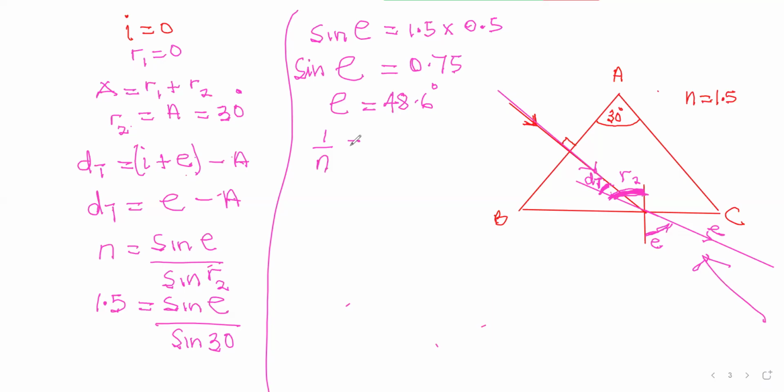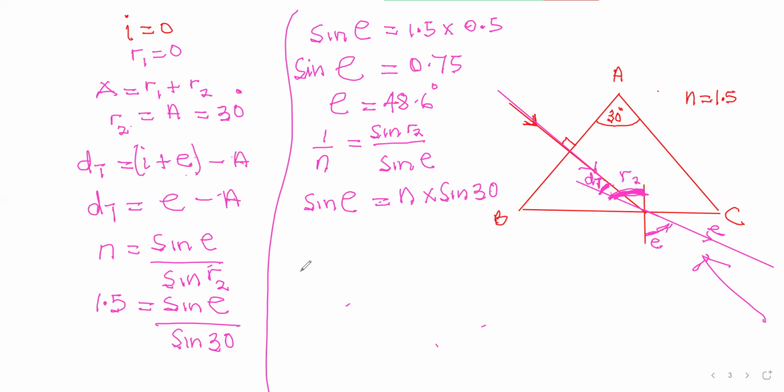So 1 over n, the refractive index, will be equal to sine of R2 over the sine of E. If we make sine E the subject, the value is the same. Sine E will be equal to the refractive index times sine of R2, where R2 is 30. So it will give us the same value as we got.